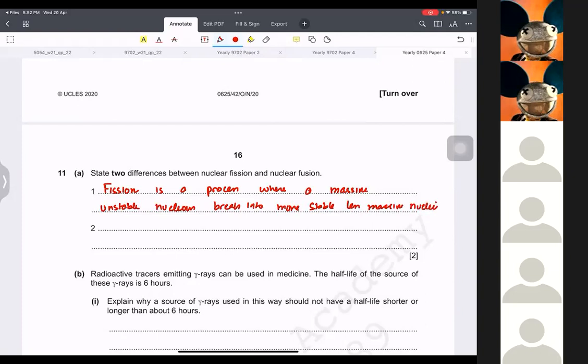Nuclei means there could be 2 of them, or usually there are 2, but there could be other products as well.